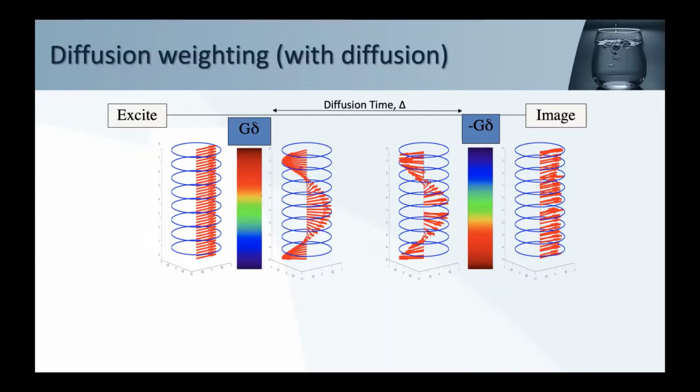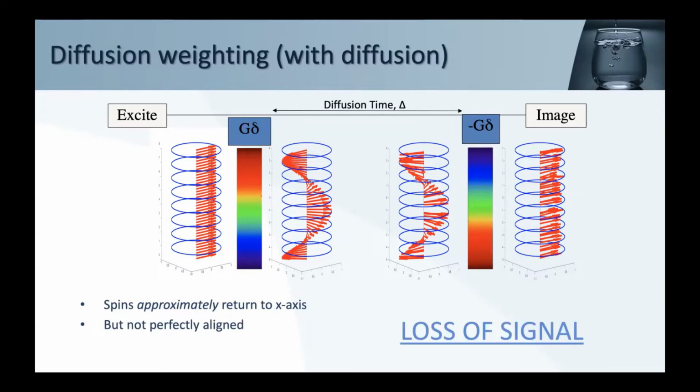And this is what creates a magnetic current that is then detected by the MR scanner and gives us the image. So this spin, before we apply the 180, this angle that is created is what allows us to understand what's inside the tissue. So the spin just approximately returns to the x-axis, but it's not perfectly aligned. Therefore, we have a loss of signal coming from the water molecule, and this results in pixels getting darker.